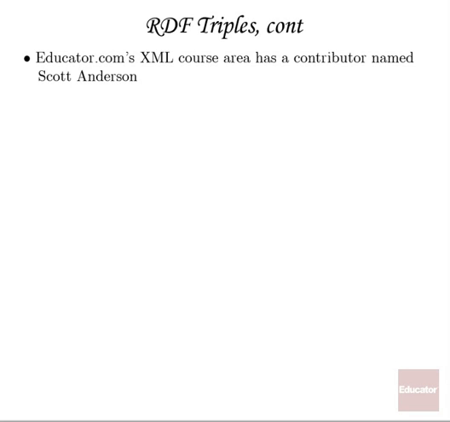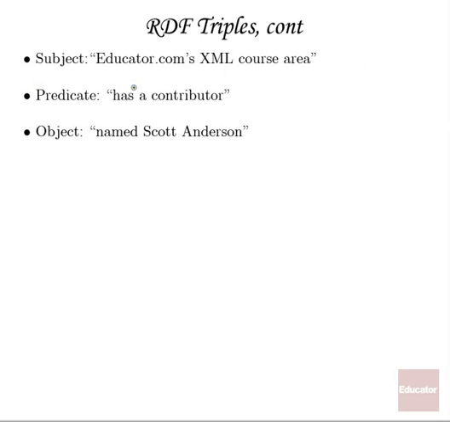We'll say educator.com's XML course, this is going to be our subject here, has a contributor, that's going to be our predicate, named Scott Anderson, and that's going to be our object. So here we have, again, our subject, our predicate, and our object.